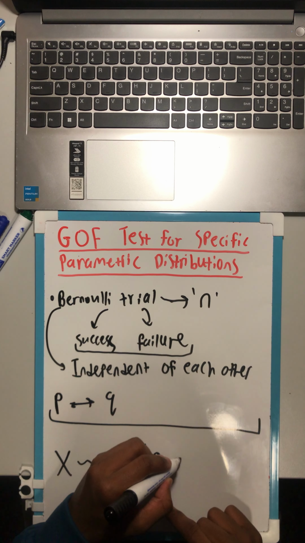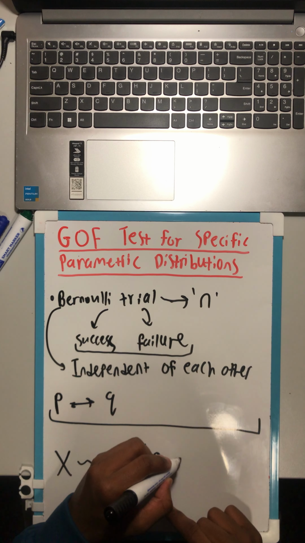If x follows a binomial distribution, the probability that X equals x is n choose x, times p, the probability of success, to the power of x, times 1 minus p to the power of n minus x. This is the probability mass function we use to calculate probabilities.